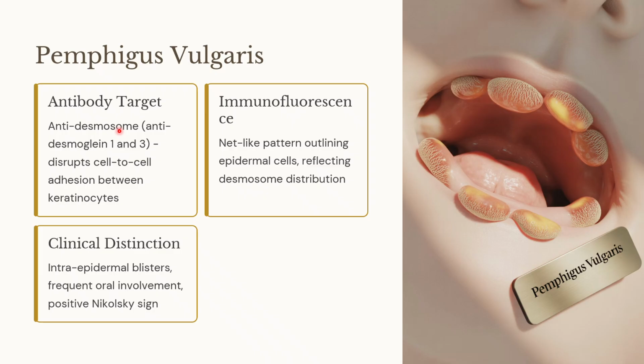This is Pemphigus vulgaris. While we saw linear immunofluorescence in pemphigoid, here in Pemphigus vulgaris there is a net-like pattern. So what about the Nikolsky sign? Since it is happening within the epidermis, the top layer of the epidermis is affected. So when a shear stress is applied, the skin will give way, and therefore there is a positive Nikolsky sign.